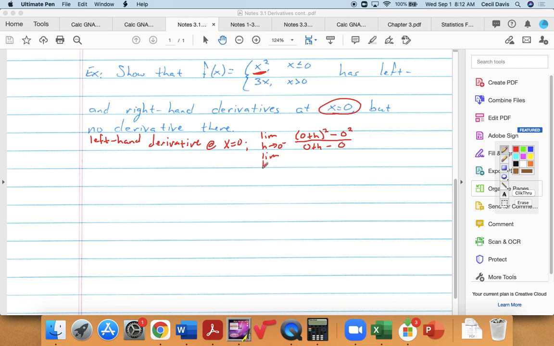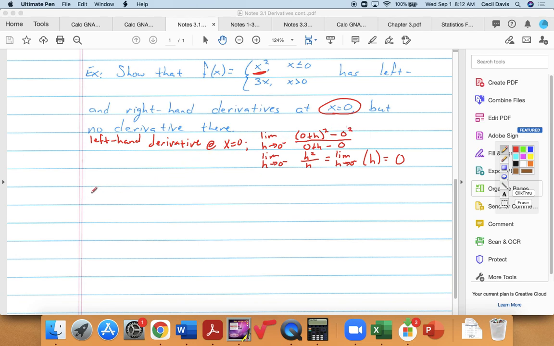So this is going to be h squared in the numerator, over h in the denominator. So that'll be the limit as h goes to 0 from the left of h, which is 0. So this has a left-hand derivative at 0.